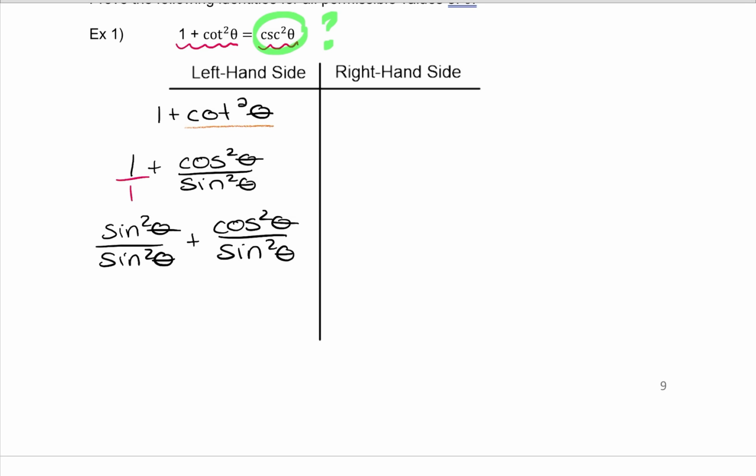Now that I have a common denominator, since everything is over sine squared theta, I'm just going to simplify this in my next step. My bottom is sine squared theta, and all I'm going to do is take my numerator and combine it over the 1 denominator. Now, what you should notice here is that we actually have our Pythagorean identity.